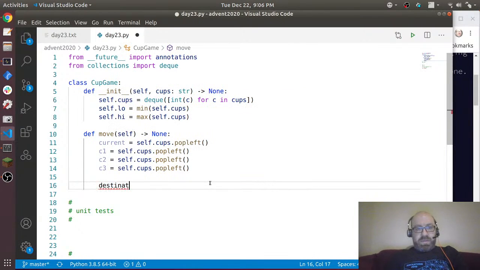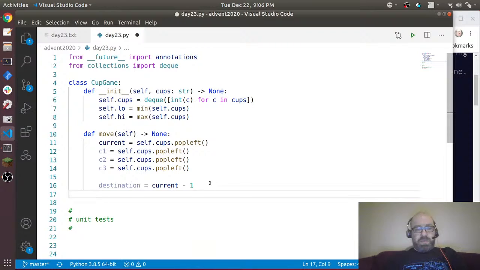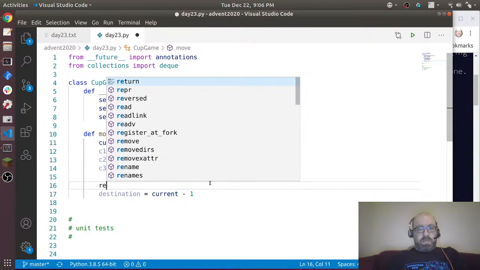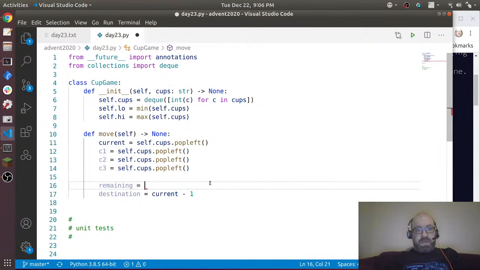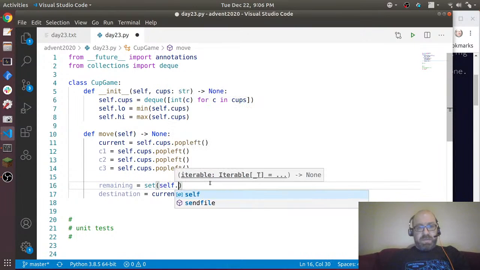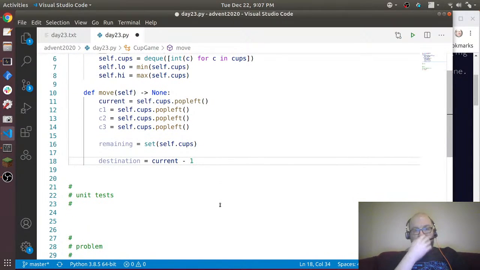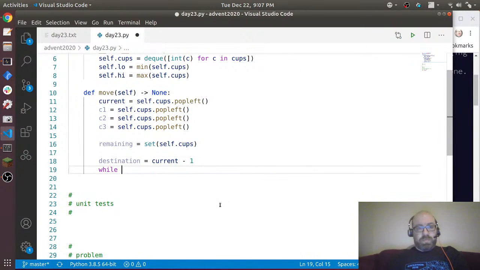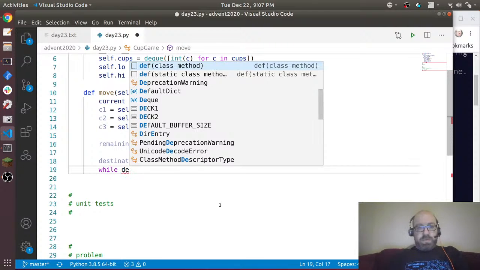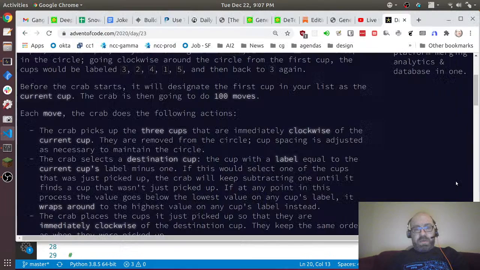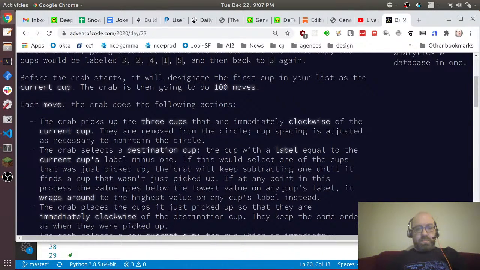And so let's say destination equals current minus 1. And let's say remaining equals a set of self.cups. I'll just do that. Destination equals current minus 1. While destination not in remaining. So if it's not there, keep subtracting until it finds a cup that wasn't just picked up.